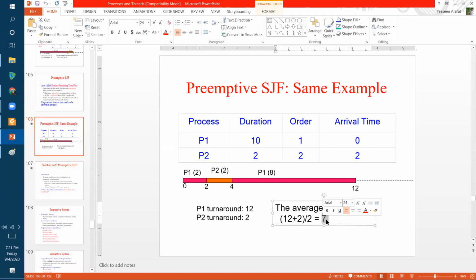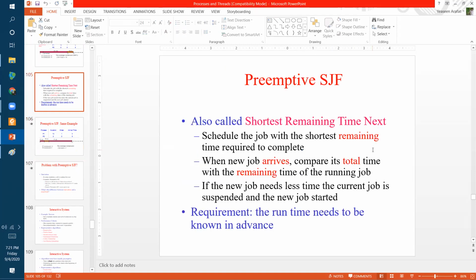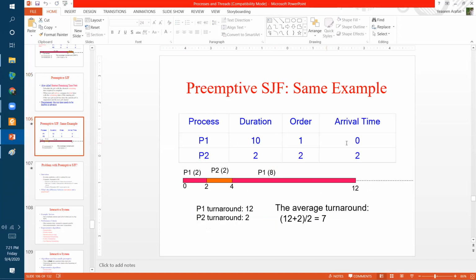Shortest remaining time next is also a good example of SJF when the arrival times are not the same for all processes. So after getting the question, you first have to find whether the arrival times of all processes are equal.